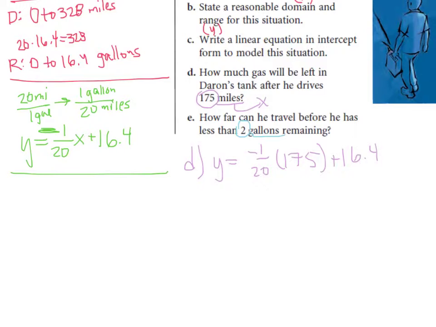So that will be 2 equals negative 1 over 20, sorry, times x plus 16.4. Okay. And then all we need to do is solve for x. We should subtract 16.4 and then multiply by negative 20 to undo our fraction, and that will give you the amount of miles that need to be driven to reach 2 gallons.